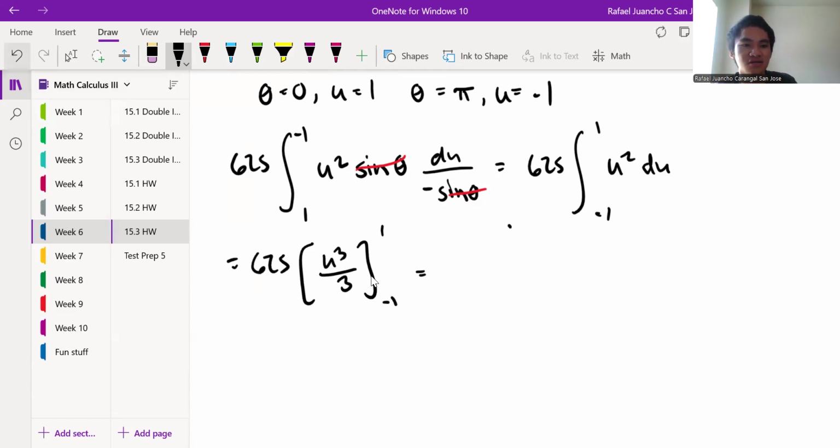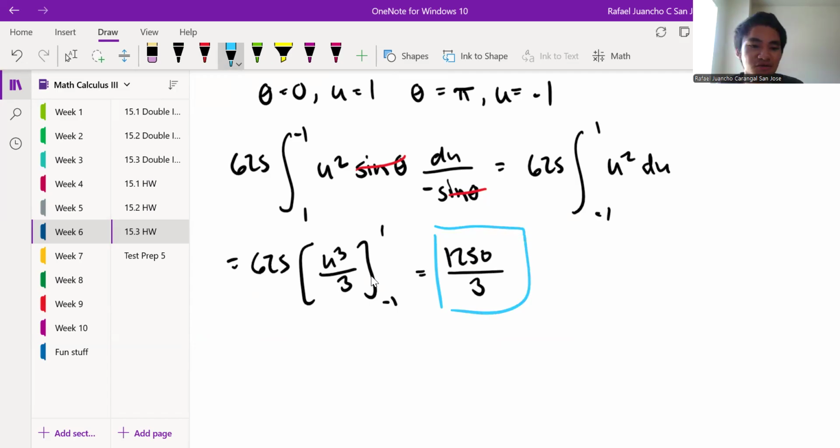It's just going to give me 1/3 minus negative 1/3, which is 2/3, and then 1250 over 3. And that's my final answer. So that took a while with doing integrals like that, but yeah, that's the idea. You want to get into the habit of solving long integrals.